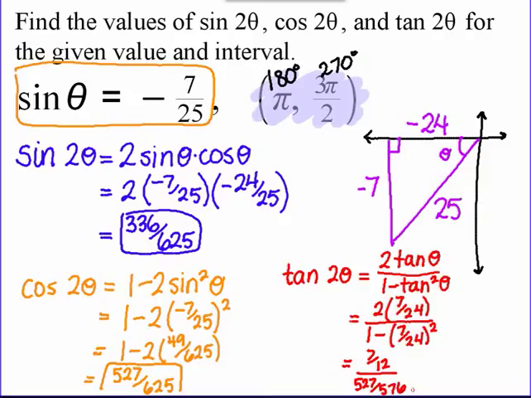Now what I need to do is divide those. I need to take 7/12, divide it by 527 over 576, which is the same as multiplying by 576 over 527. Sorry, not 512, that was my script. It's 527.